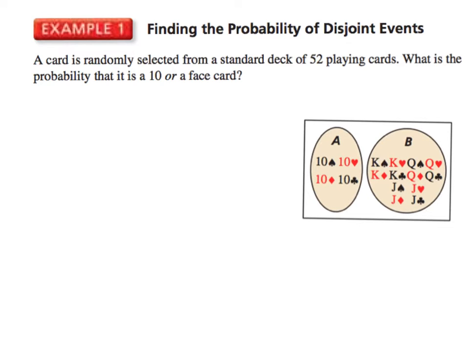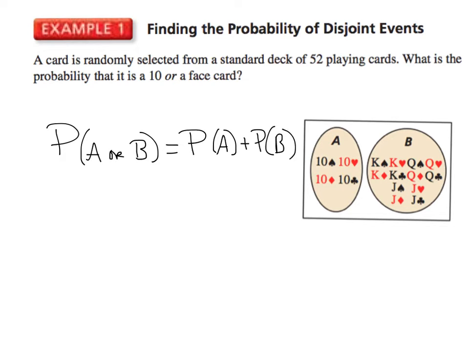So we want the probability of A or B, which is just the probability of A plus the probability of B. So what is the probability that it is a 10? Well, how many 10s are there? There's 4. So that'd be 4 out of 52.